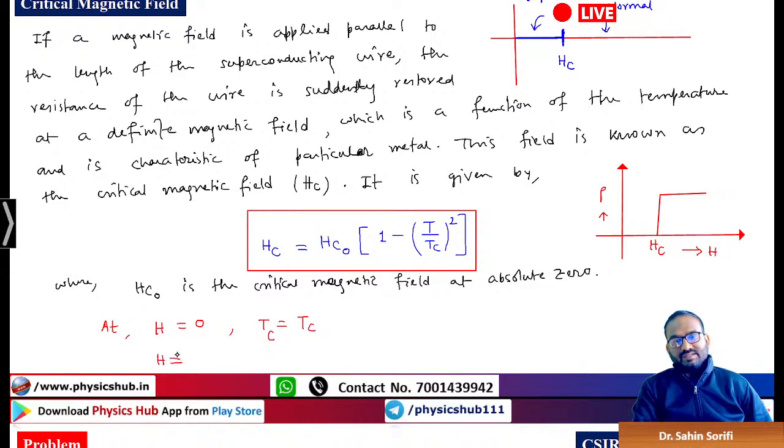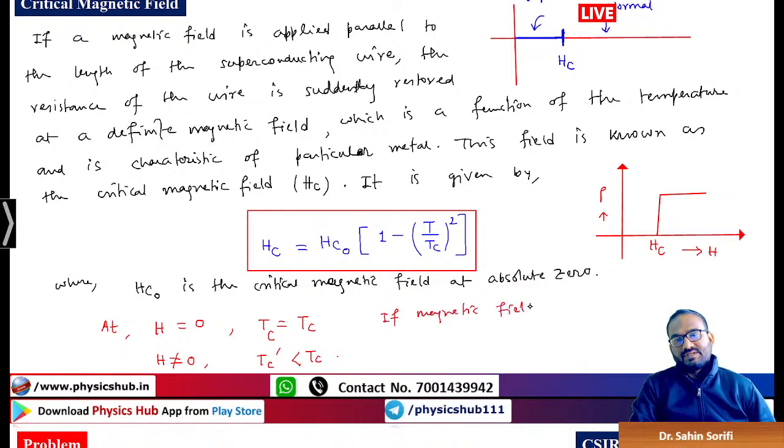Now if you apply some magnetic field, Tc will be Tc prime, and this Tc prime will be less than Tc, means you need further lower temperature to get the superconductor, so it will decrease. Good. If magnetic field is applied, the critical temperature decreases.